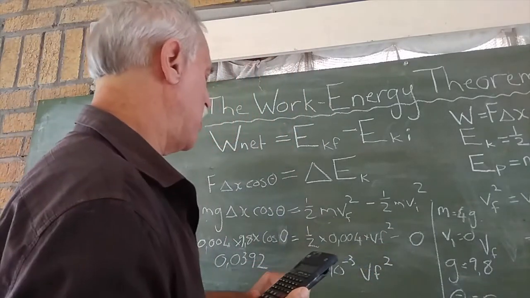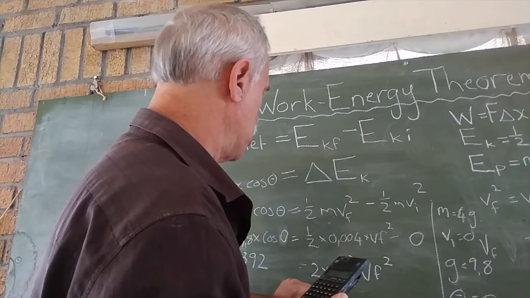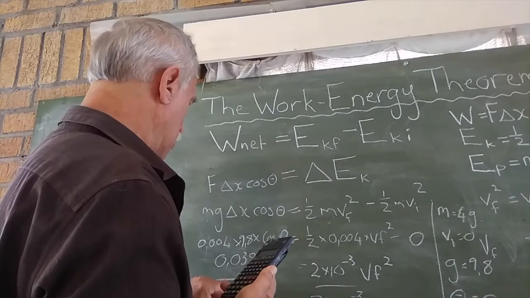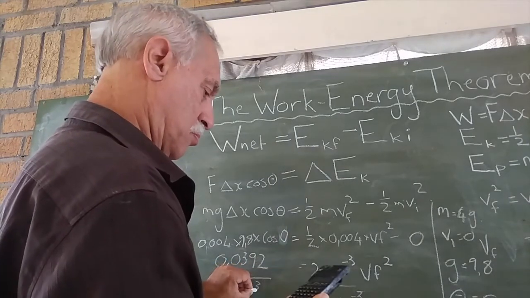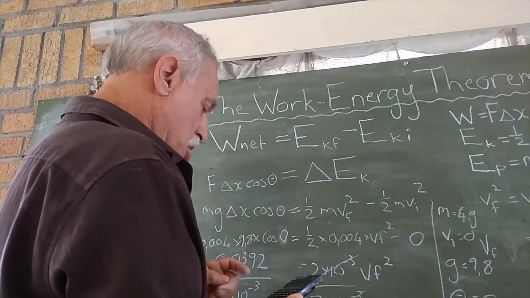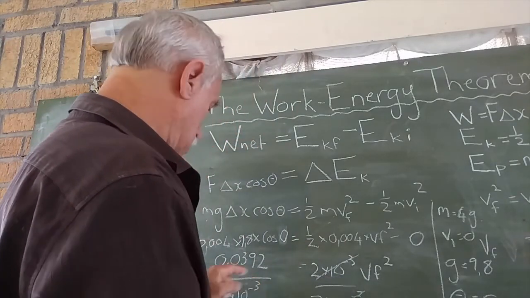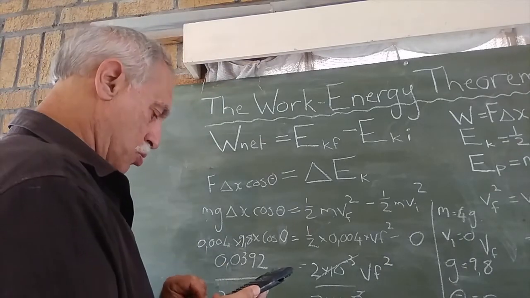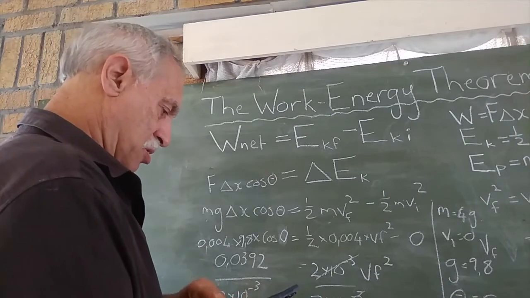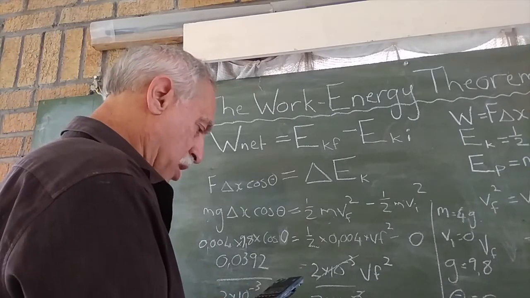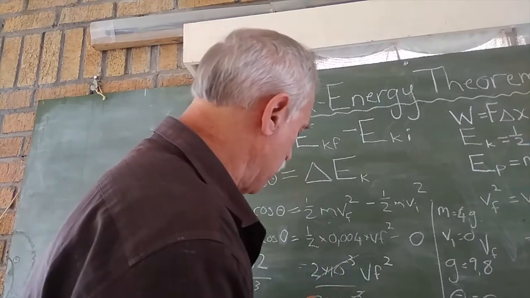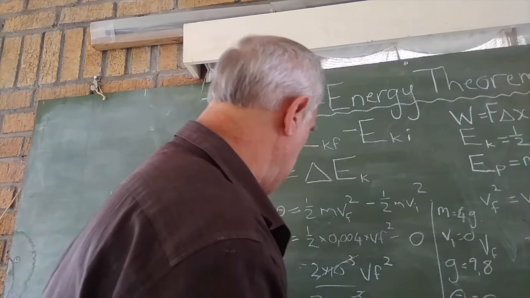So to find V final squared, we're going to divide both sides by 2 times 10 to the minus 3. That cancels out and leaves us with V final squared. So going back to here, 0.0392 divided by that, the answer comes to 19,6 equals V final squared.